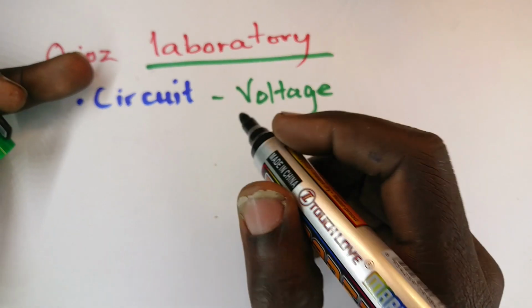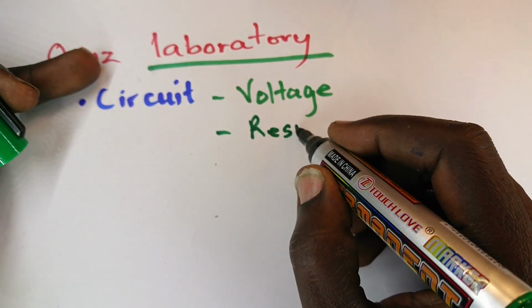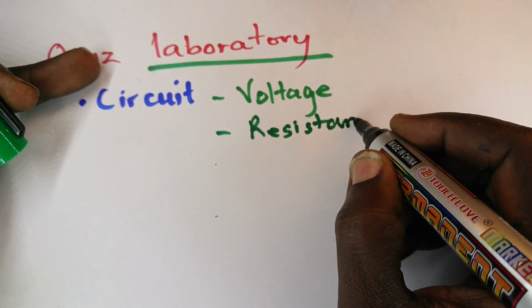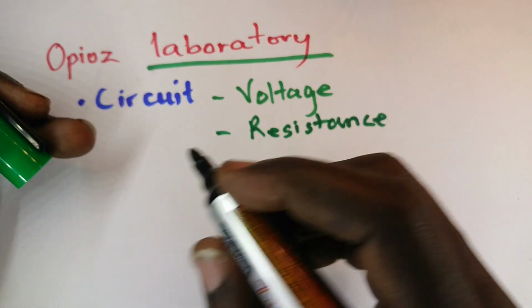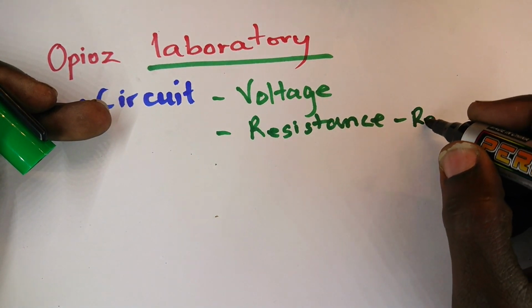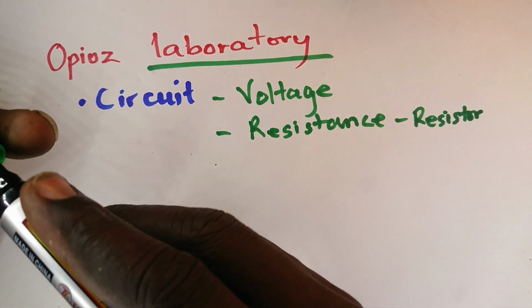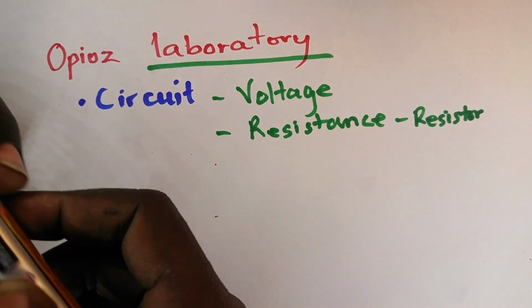Now that brought us to the second thing, which was resistance, and we said that any circuit that you have is basically a giant resistor, because a resistor has resistance anyway, and that dissipates work or energy.